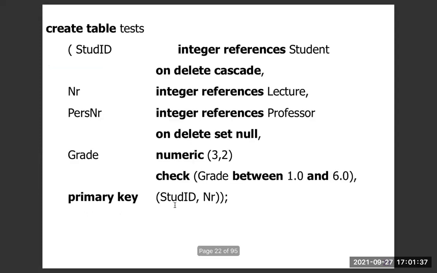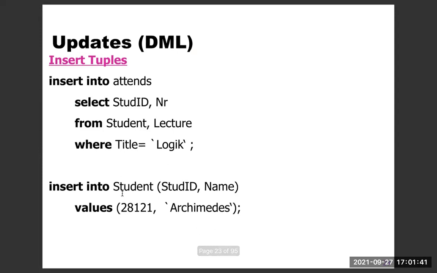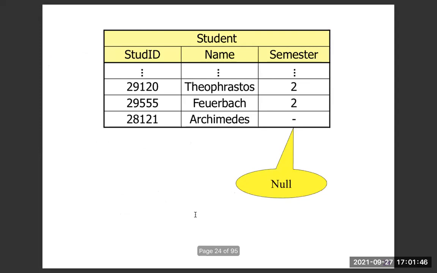That's insert. And the result: if I insert a student with this number and the name Archimedes, then semester is not set, as that's possible. Semester is just an integer with no not null condition, so it's possible for it to be null.